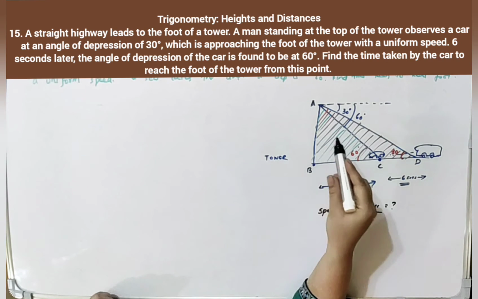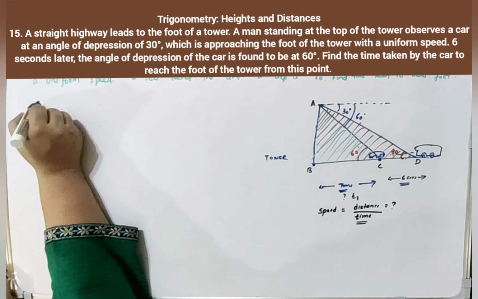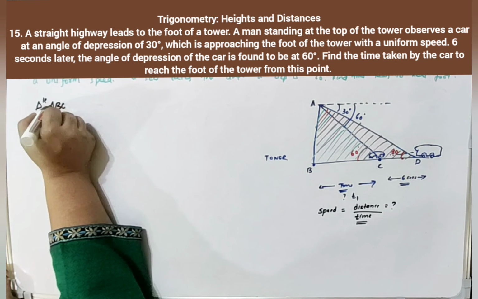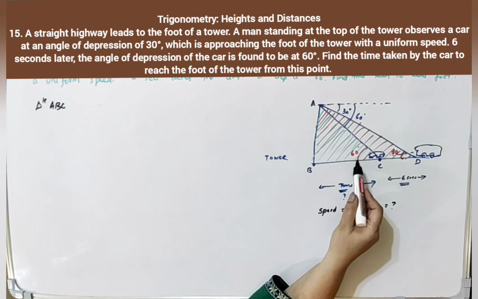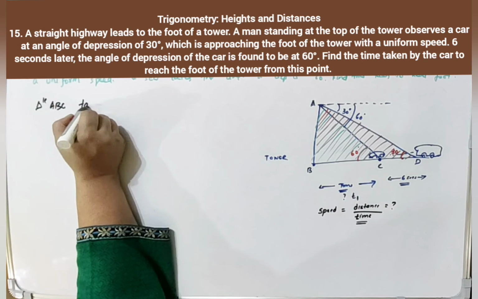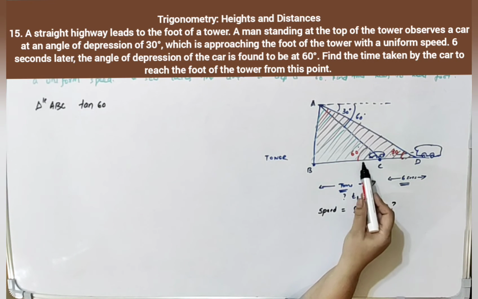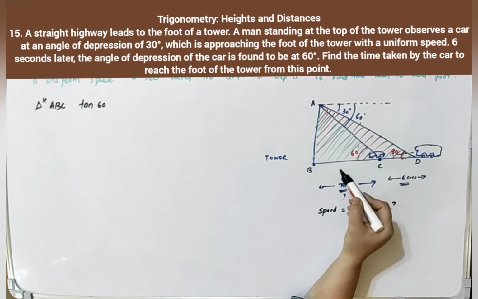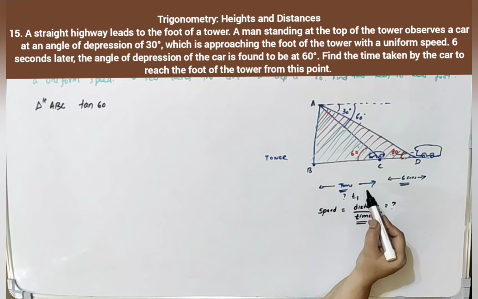So we'll take the first triangle, say triangle ABC. In triangle ABC, we have 60 degrees here, so we'll take tan 60. The reason we'll take tan 60 is because we need to find the distance BC. If we know the distance BC, then we will get the time taken.